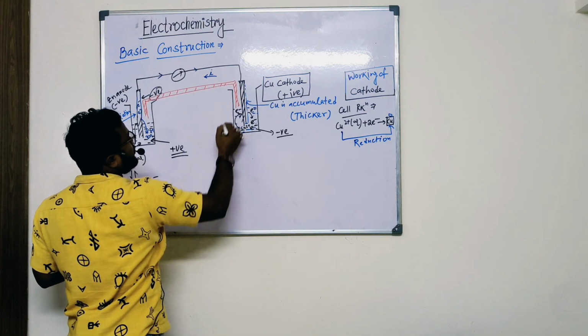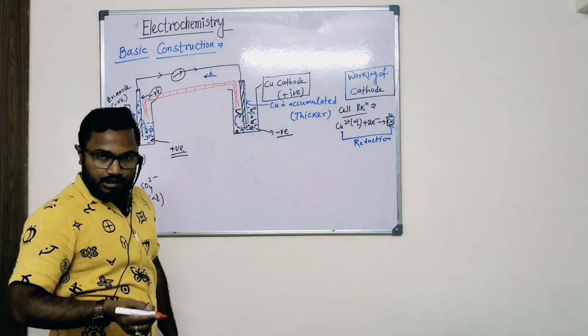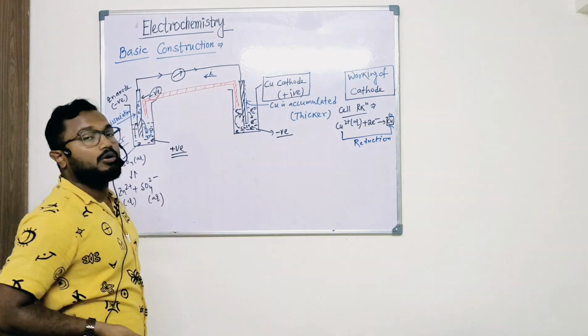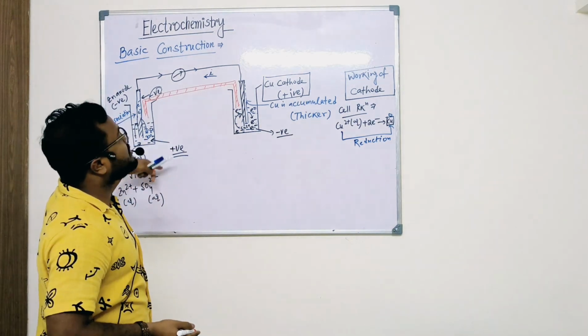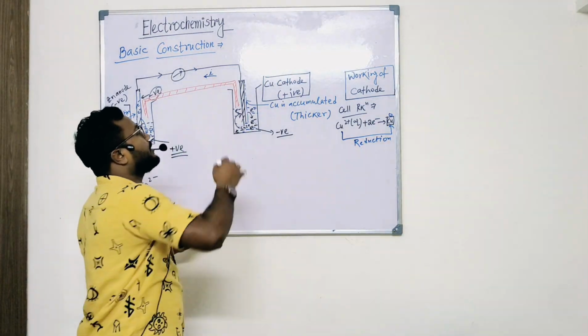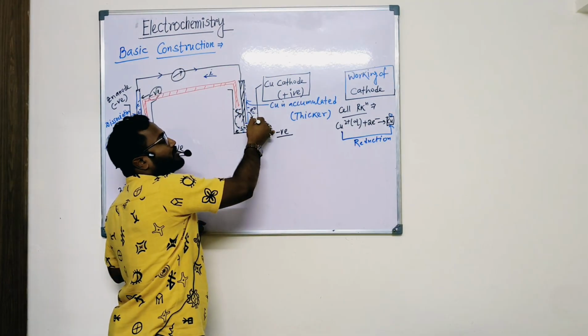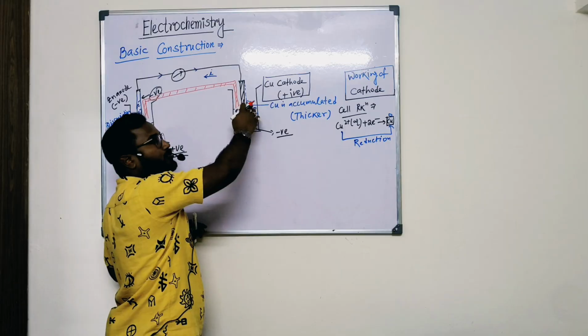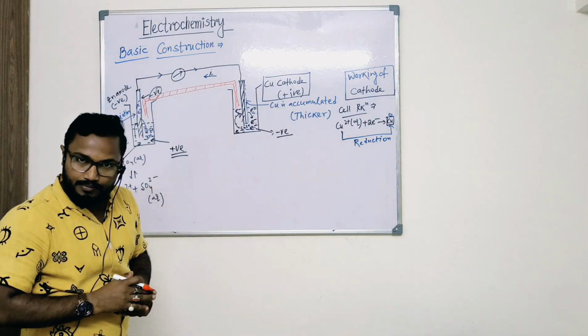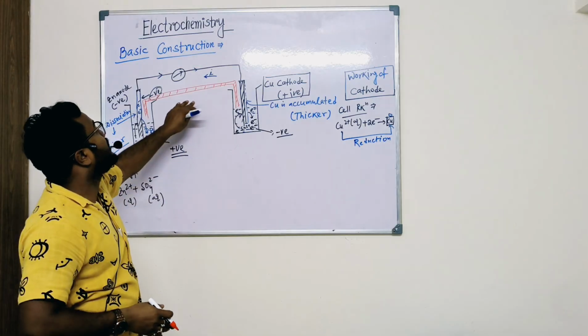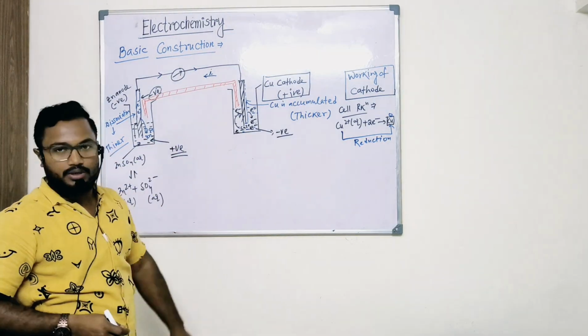This salt bridge will complete the cell. So it will work as a complete cell. And in this case, as the circular working is happening, it will not just accumulate and revolve here only. It will behave as a normal cell and it will start working.